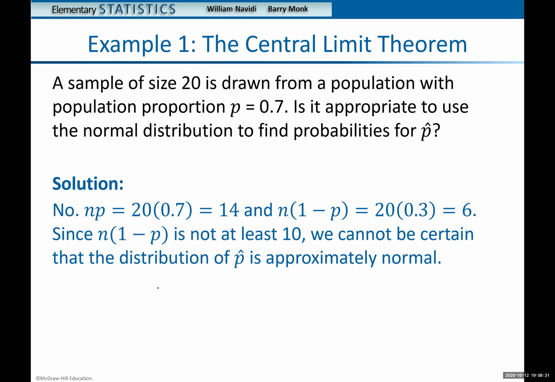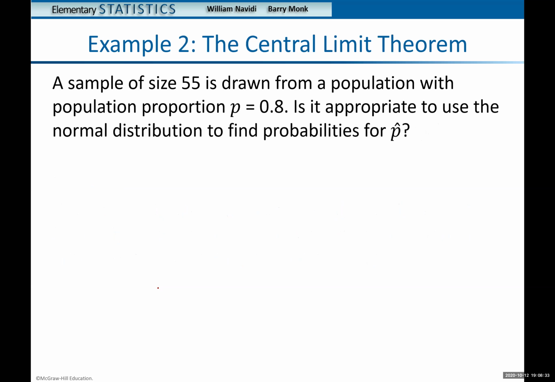Okay, let's check the next one. A sample of size 55 is drawn with a population proportion of 0.8. Is it appropriate to use the normal distribution to find probabilities of p hat?